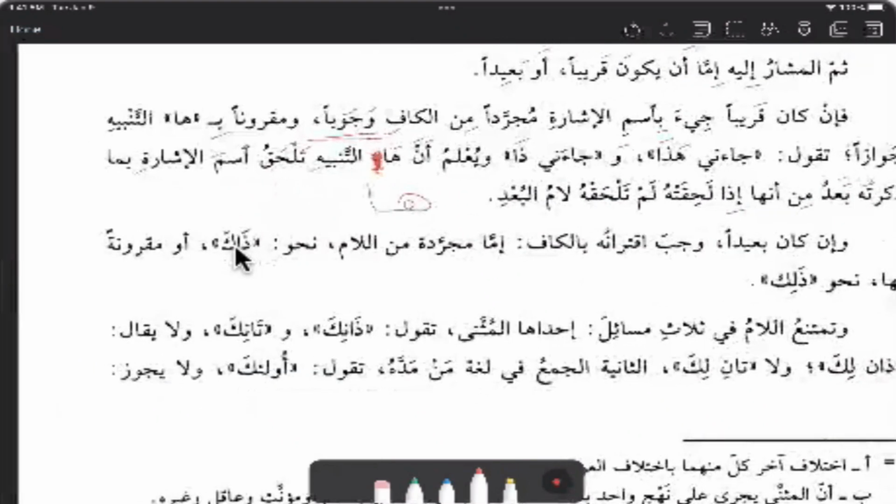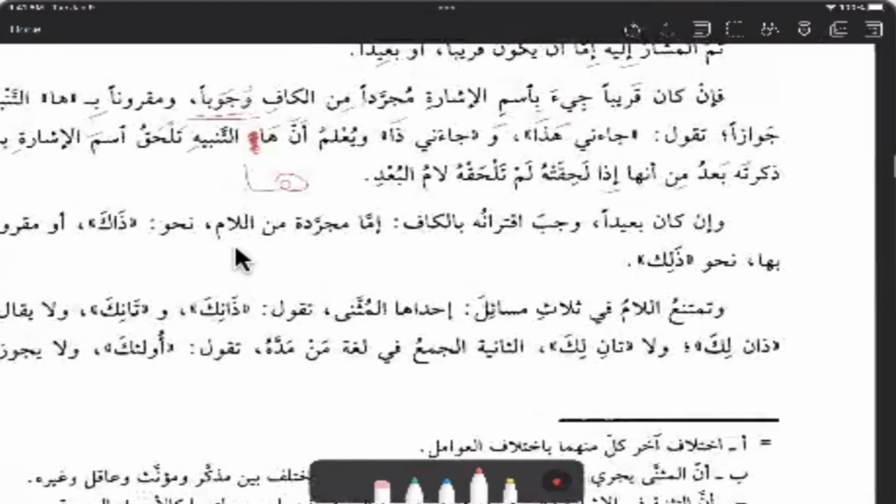And it is known that the ha of alert comes along with, it prefixes to the demonstrative nominal, according to what I mentioned later. And if it does, then the lam of farness does not attach. So you wouldn't say hadha lika with the lam on there.